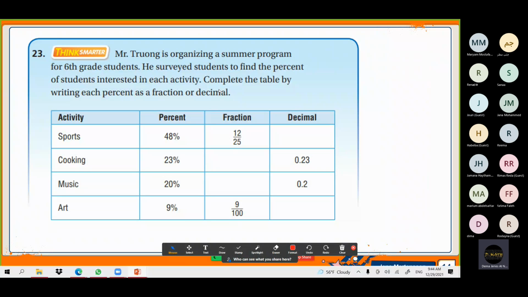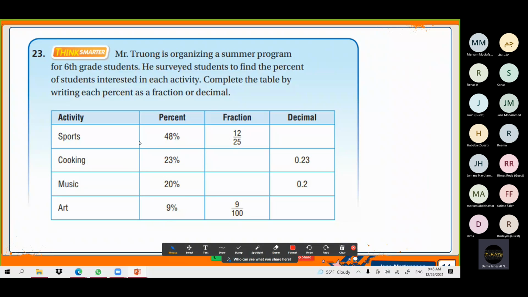As I did yesterday, I surveyed you to ask about your nationality. Complete the table by writing each percent as a fraction or decimal. Sports, 48%. Cooking, 23%. Music, 20%. And art, 9%.